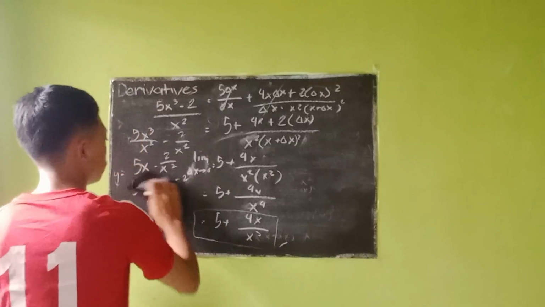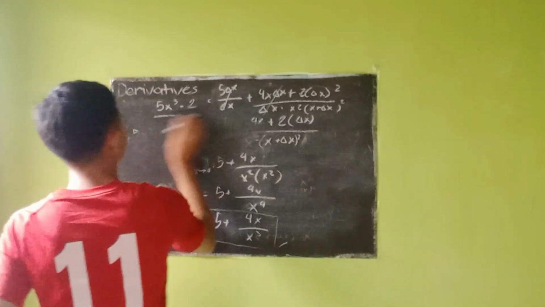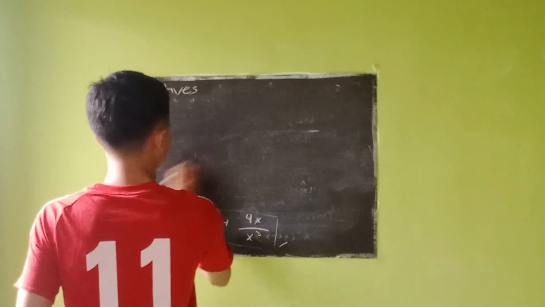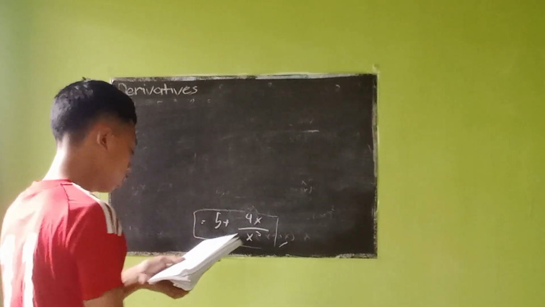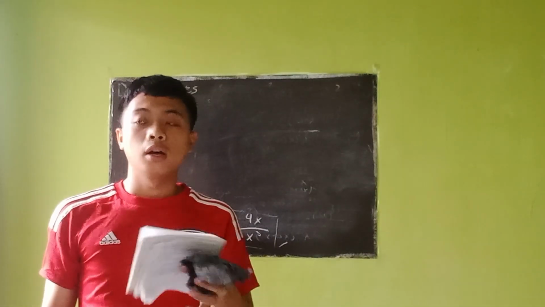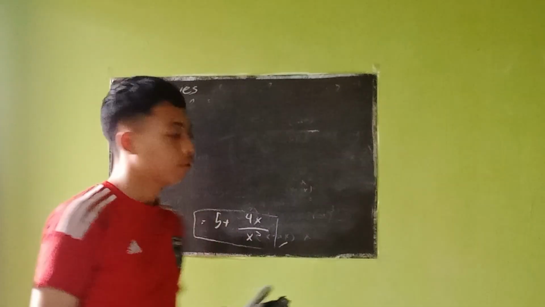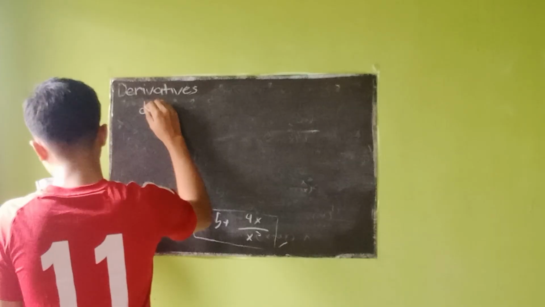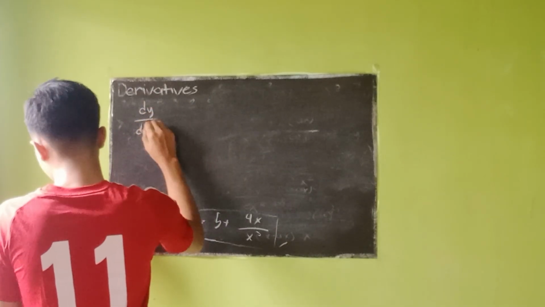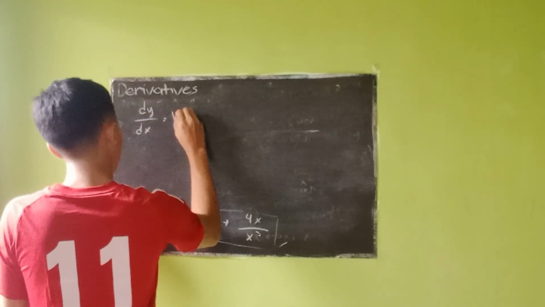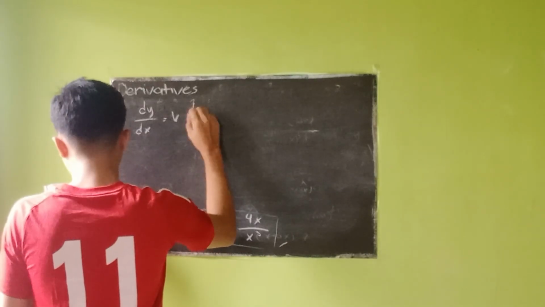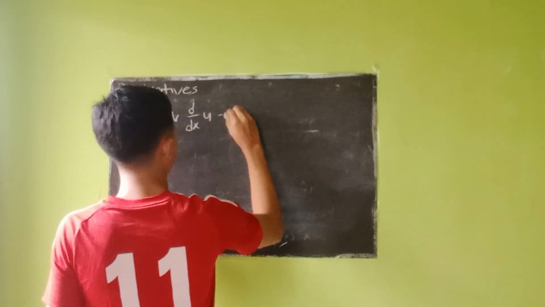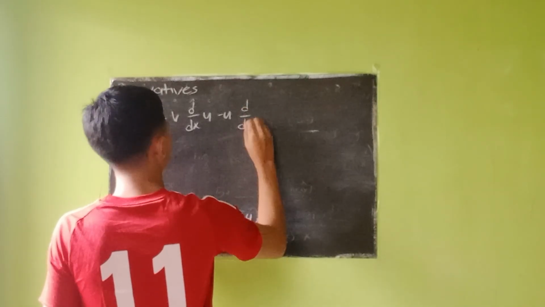Now, in order for you to check whether or not it is correct, we'll have to do the quotient rule of the derivative. So let's have the derivative dy over dx is equal to v times the derivative of u minus u times the derivative of v.